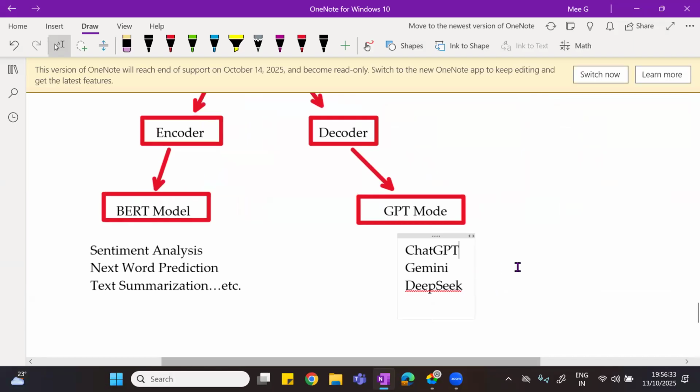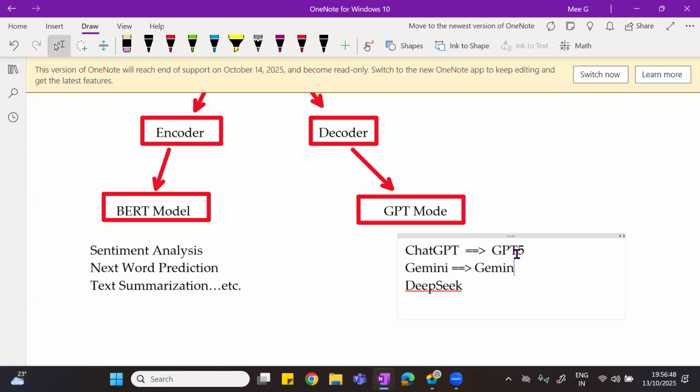What are the GPTs over here? Here they call it GPT-5 as of now. The GPT name is Gemini itself.